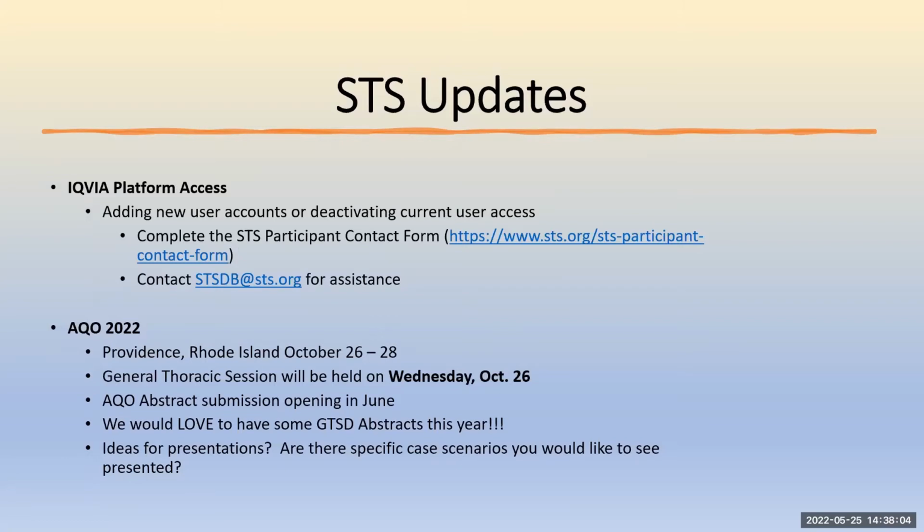So if you need to add users that need access to the platform, or if you need to deactivate any current users, please complete the STS participant contact form. If you have questions about completing that form, please reach out to STSDB at sts.org, and Addie can provide you some assistance with completing that form.